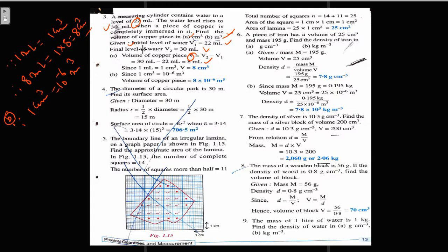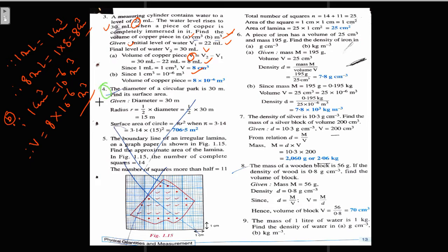How many centimeter cube do we have? 8 centimeter cube. Therefore volume of copper would be 8 into 10 raised to power minus 6 meter cube, right students? So no need to panic, do your conversions.